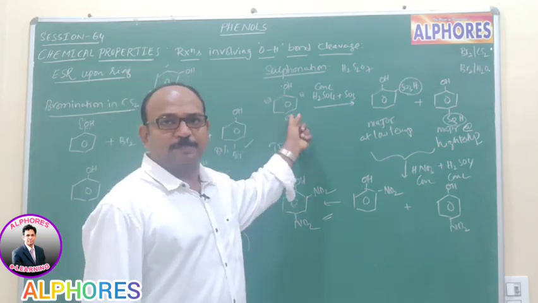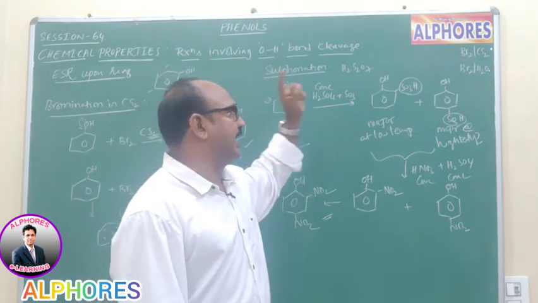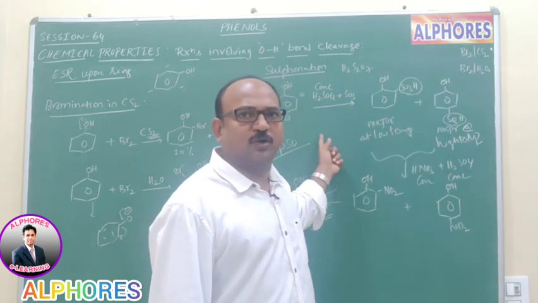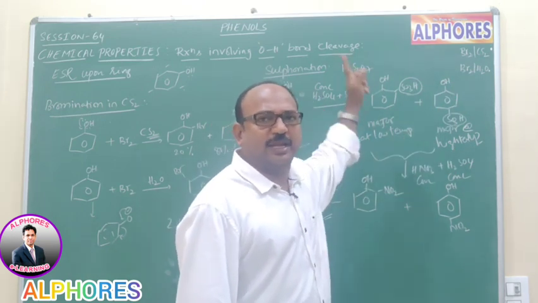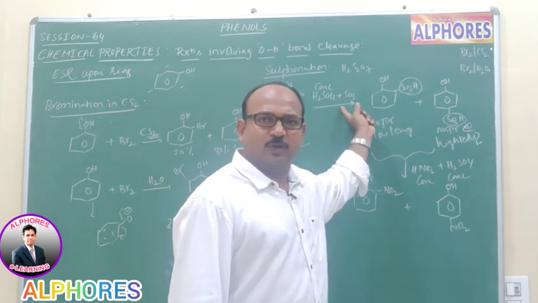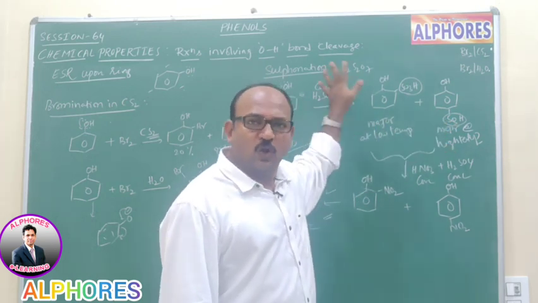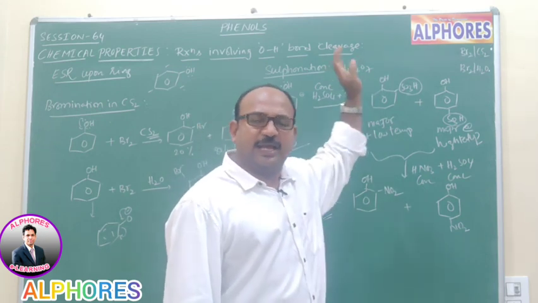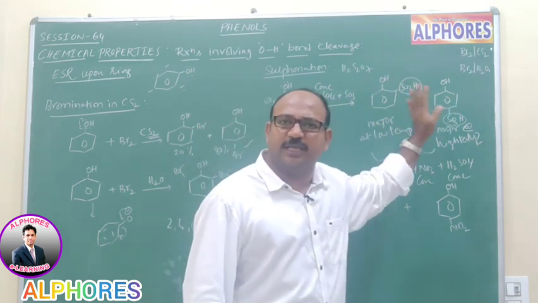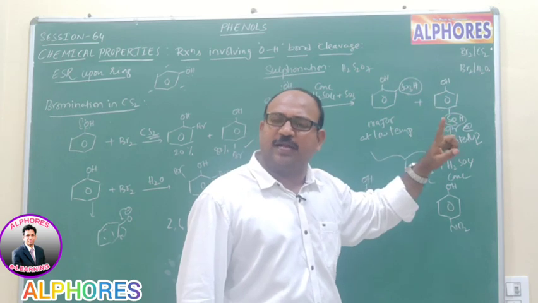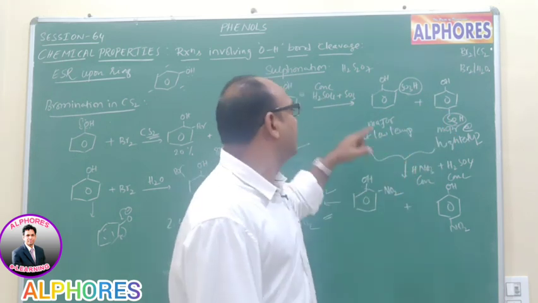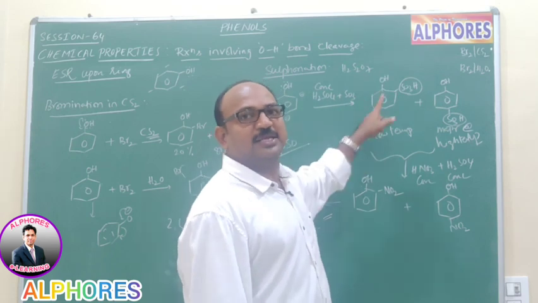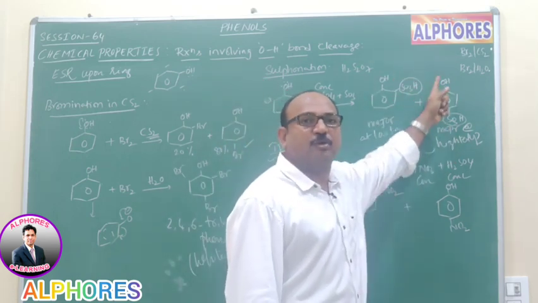So phenol upon sulfonation gives ortho and para products, where SO3 acts as an electrophile and attacks at ortho and para. Of the two products, at low temperature the ortho product is major and at high temperature the para product is major. Don't forget, as we learned in previous sessions, the major product at low temperature is the kinetic product and at high temperature the thermodynamic product.